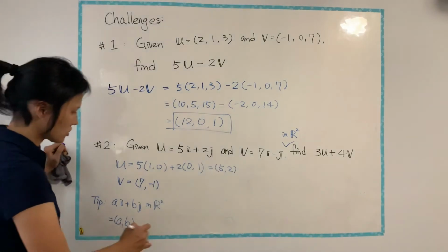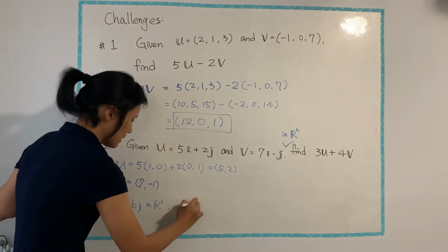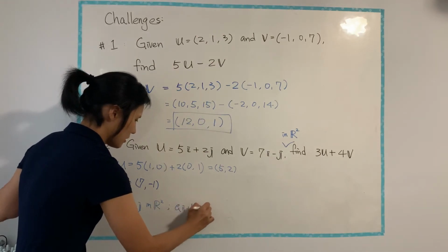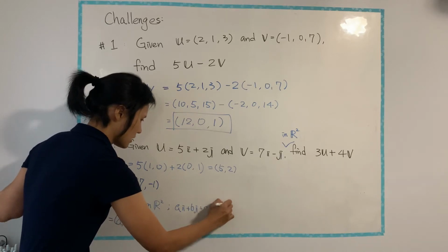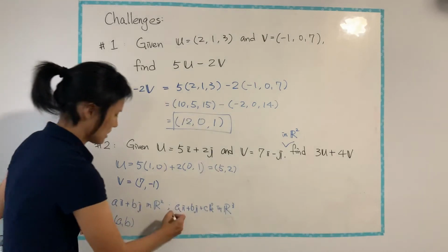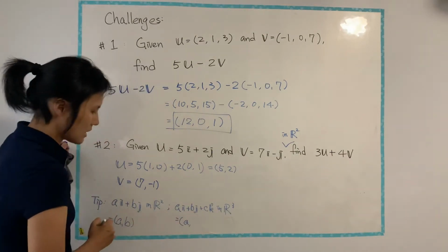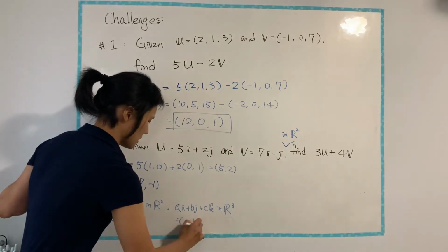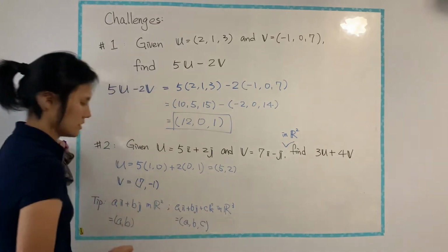And you can imagine if I have ai plus bj plus ck in R3, this will be the vector with a in the x component, b in the y component, and c in the z component.